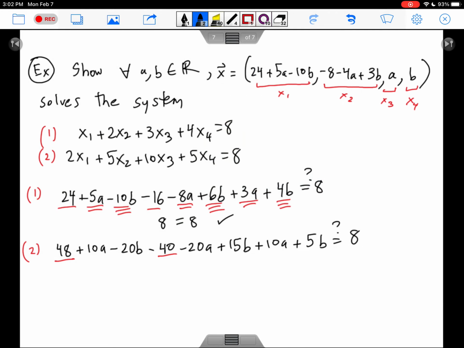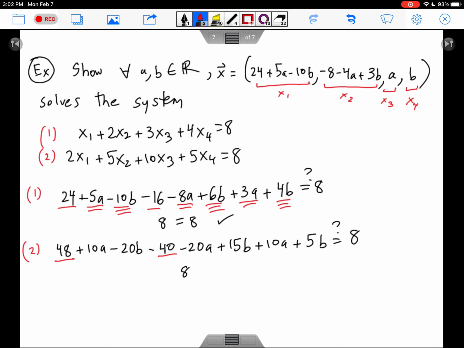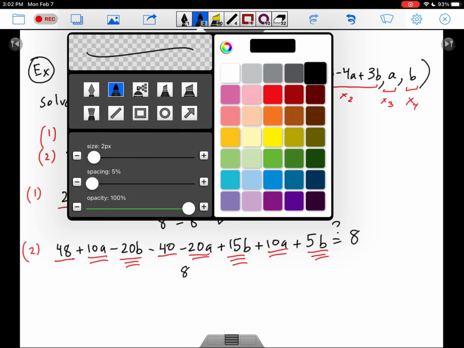48 minus 40 is 8. Combine all the like terms here. So let's do the a's now. Positive 10a, negative 20a. That gives us negative 10a. Plus 10a gives you 0. And then for the b's, negative 20b plus 15b is negative 5b plus 5b gives you 0.